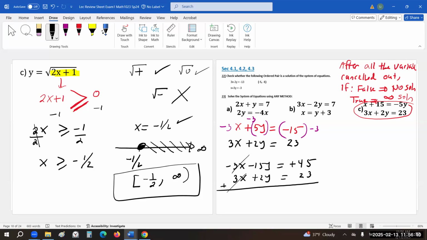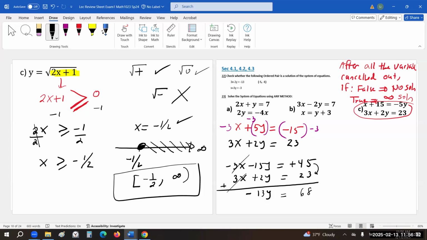We get negative 15y plus 2y gives us negative 13y. And on the other side, we have 8 and 6.